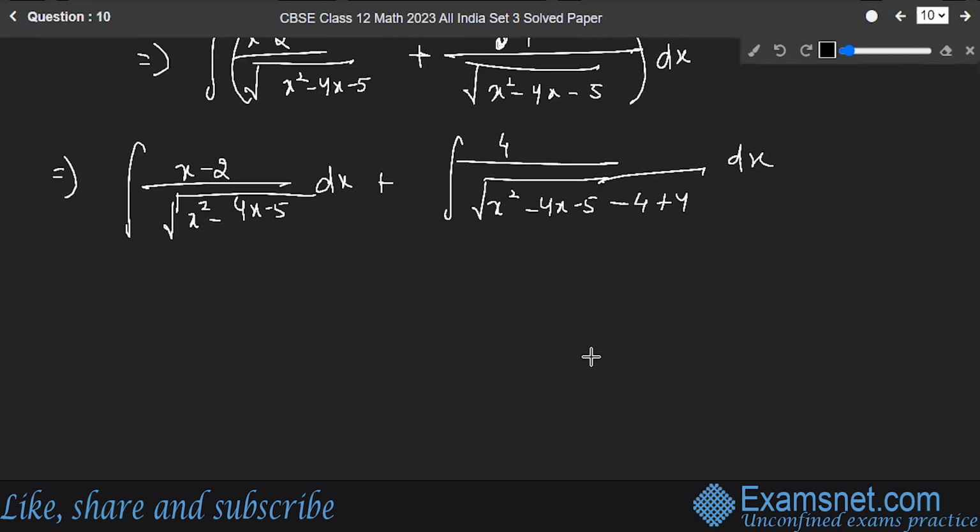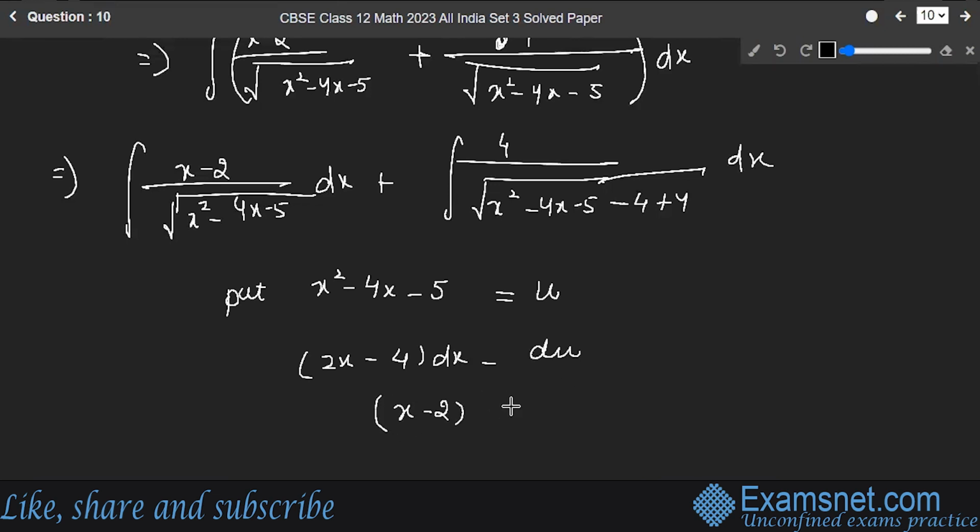Now let's put x squared minus 4x minus 5 equal to u. Let's find the derivative. So 2x minus 4 into dx is equal to du, or x minus 2 dx is equal to du by 2, right?